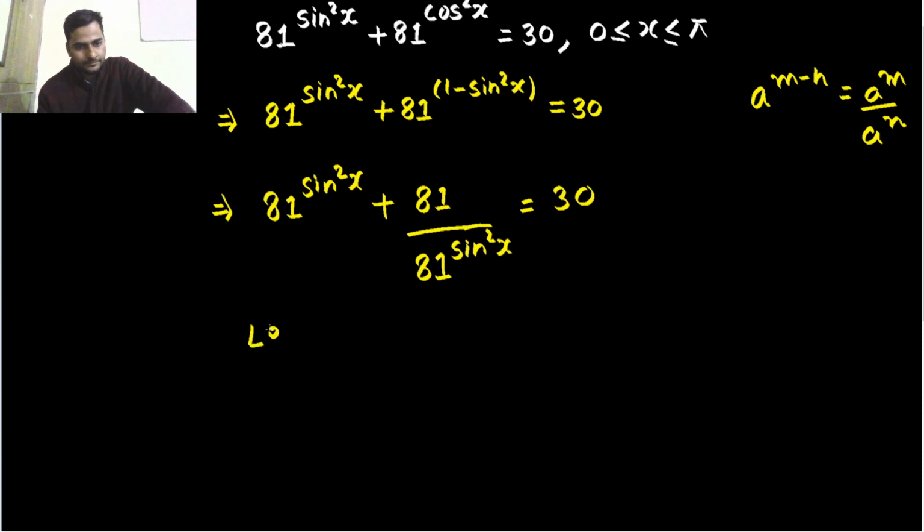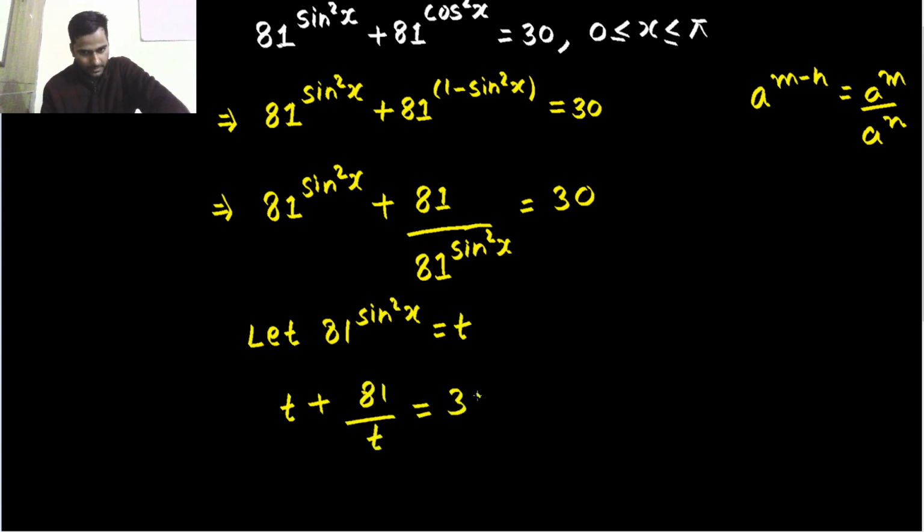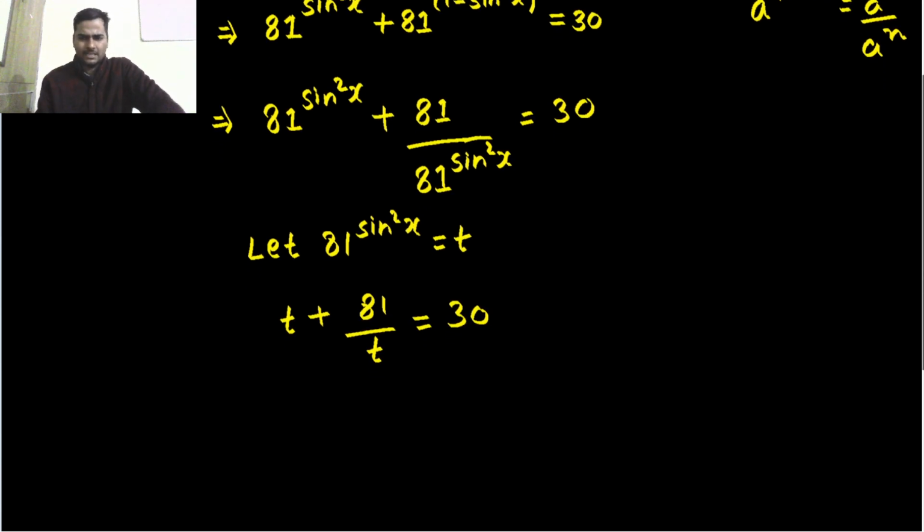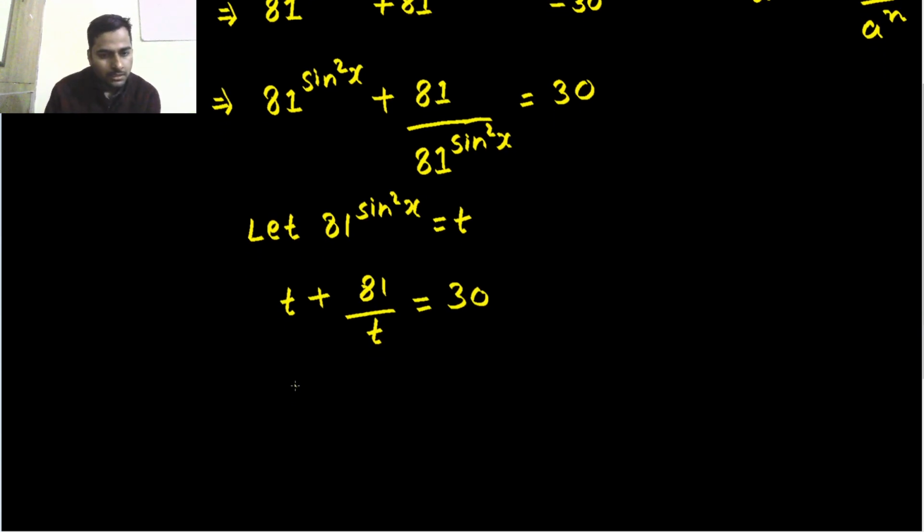Let 81 power sin²x be t. This becomes t plus 81 by t. Now I will say that this is reduced to a quadratic. How? Cross multiply, then this will become 30t, but when it comes to the LHS, it will become t² minus 30t plus 81 equals 0.